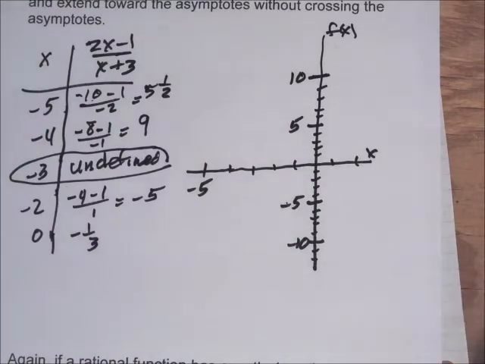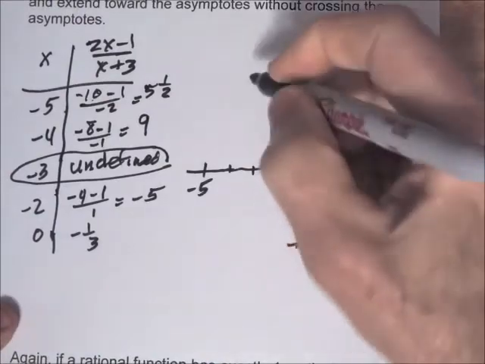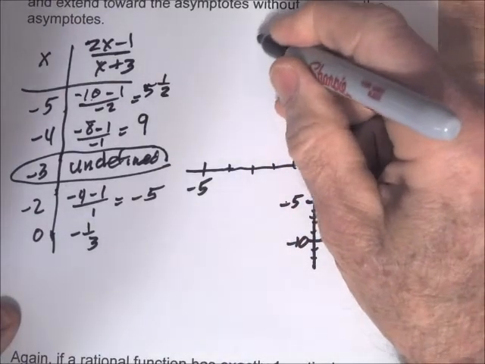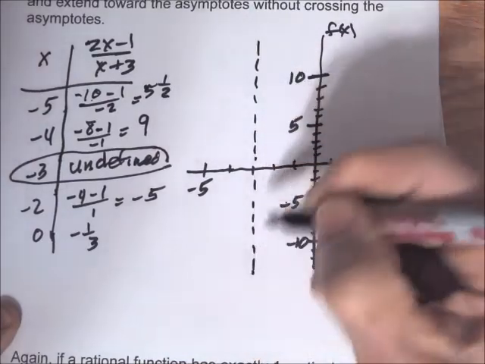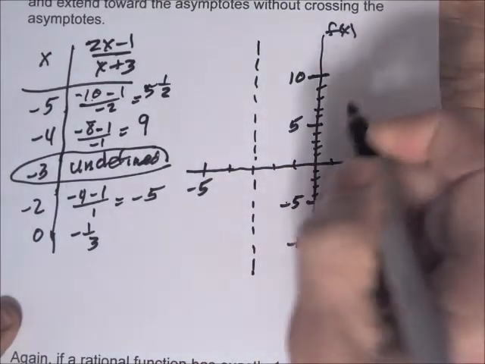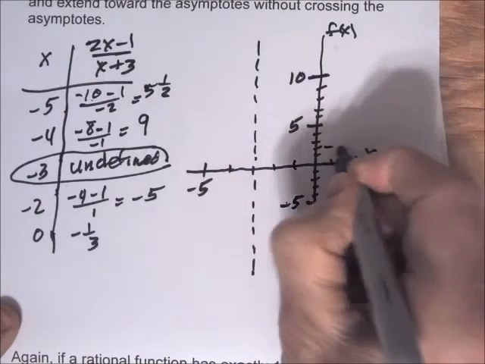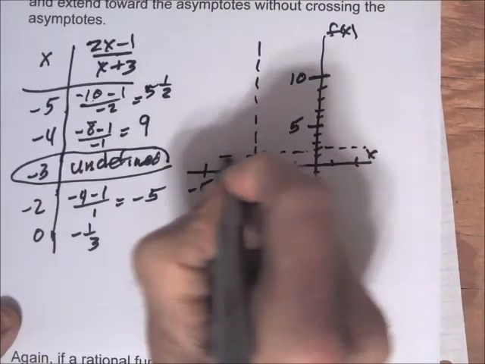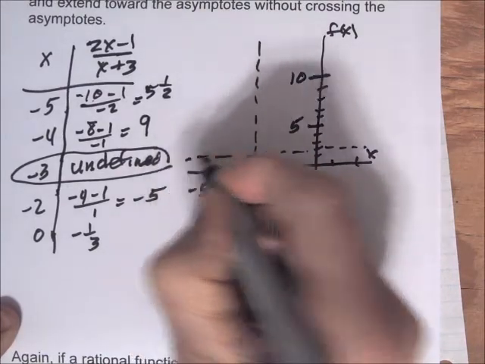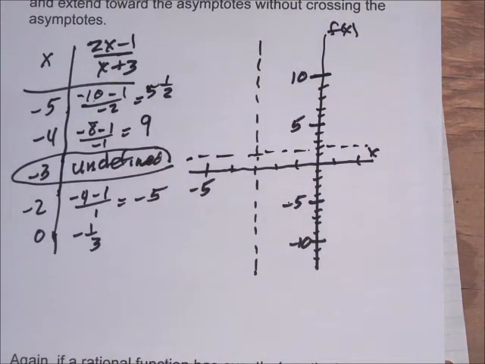Oh, let's do the asymptotes first. So we have a vertical asymptote at x equal negative 3. Make a dotted line there. And then we have a horizontal asymptote of y equal 2. So we'll have a dotted line there also. And then we can plot the points.